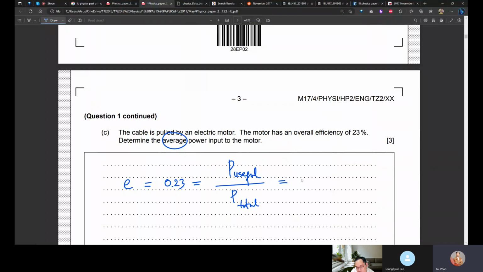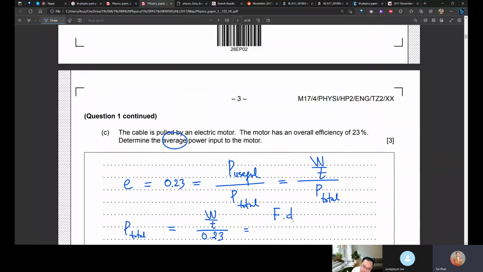The useful power is calculated by the work of the motor, the work of the tension, over the time. The time is 11 seconds, and the P total is the thing that we need to calculate. Therefore P total is the work over the time, and then divided by the efficiency of 0.23. The work is the force multiplied with the distance.